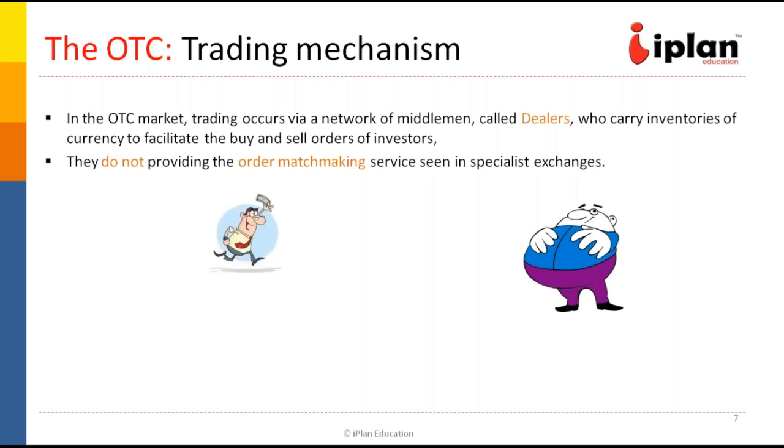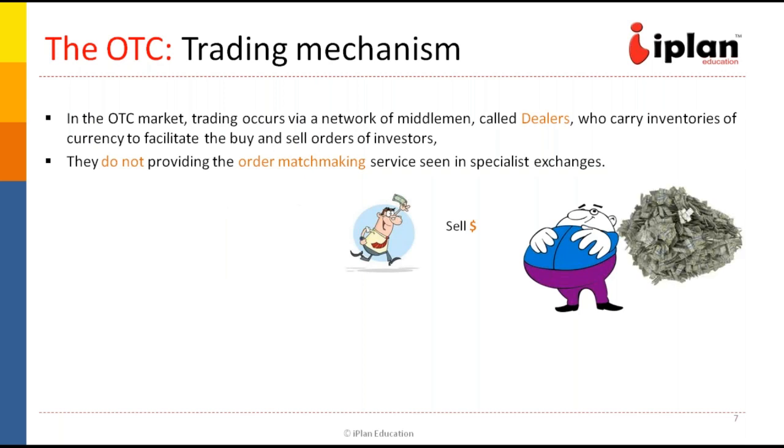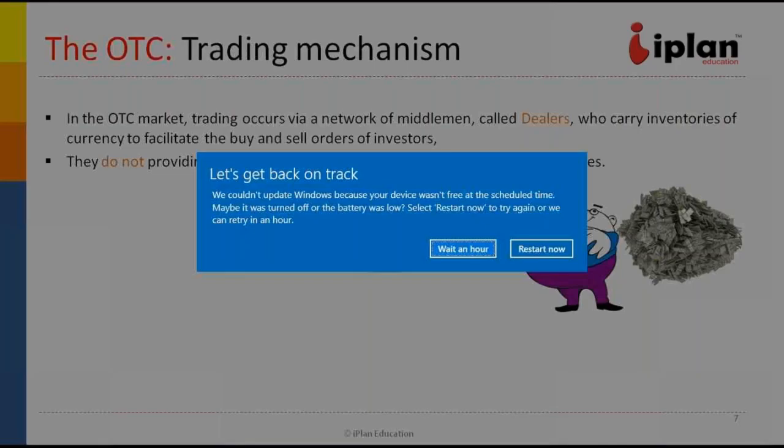So let's suppose this guy is a currency dealer, or let's suppose this guy is a banker, and you want to exchange currency. So you want to sell dollars. You approach the bank or the currency dealer, and the bank has a lot of inventory of foreign currencies.